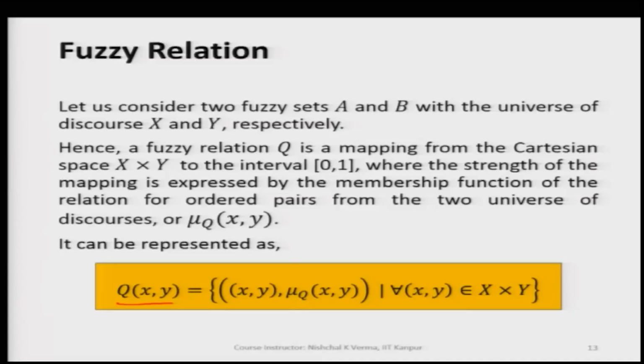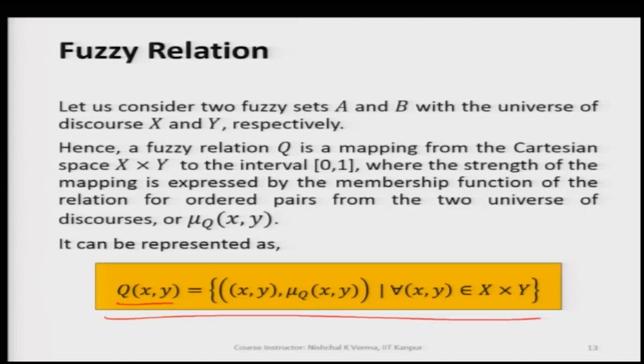So, Q of x comma y here is a fuzzy set, and if it is based on a certain condition, we get this set. If there is no condition, then the complete ordered pair elements along with the membership values are included in this set.